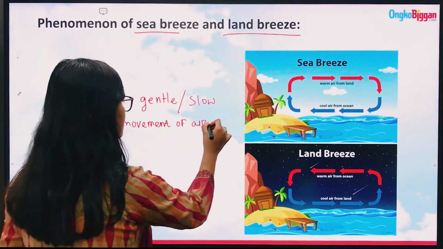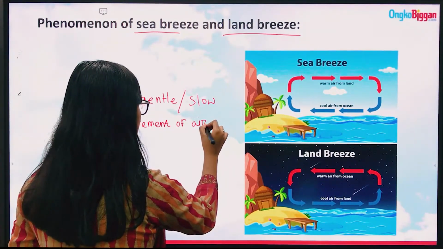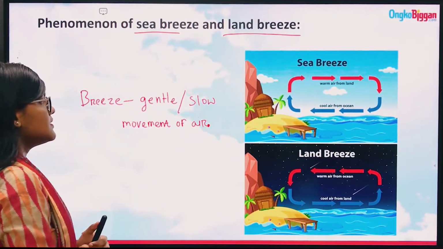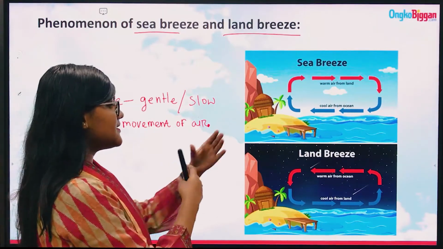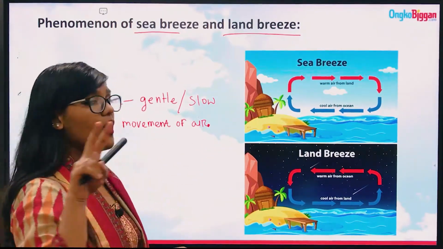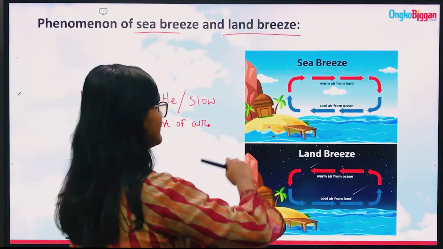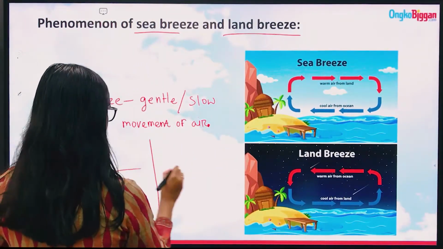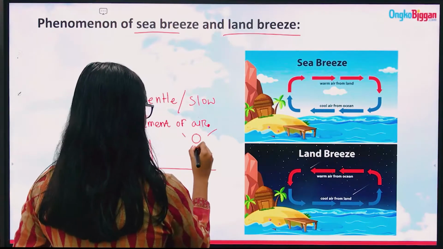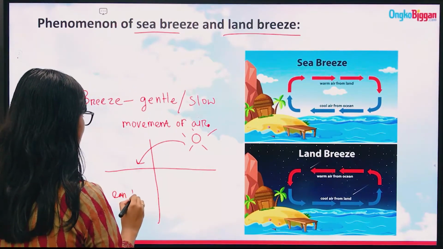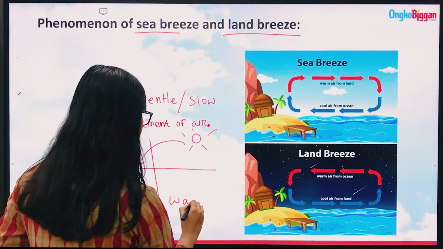That means in the case of sea breeze and land breeze, two opposite phenomena happen. So in the daytime, sunlight heats up the land area faster than water bodies.